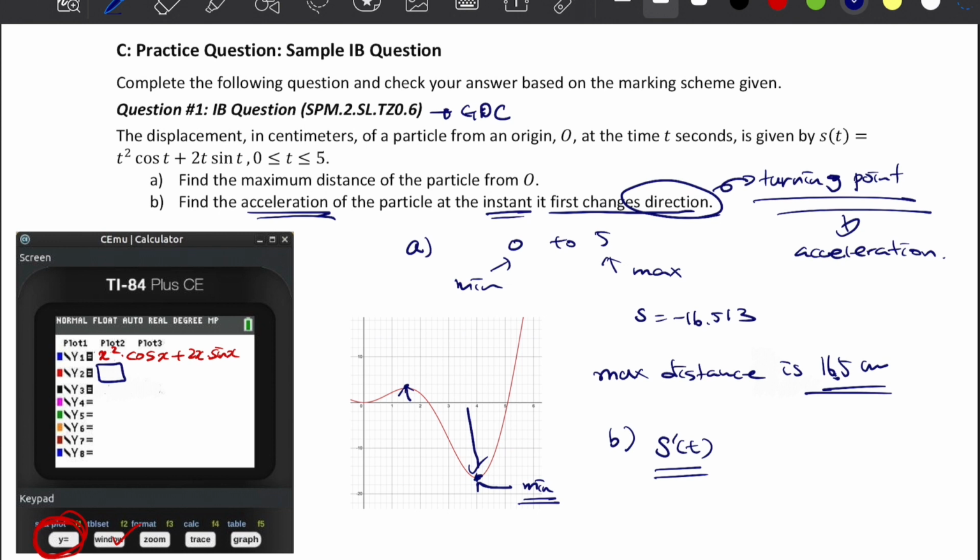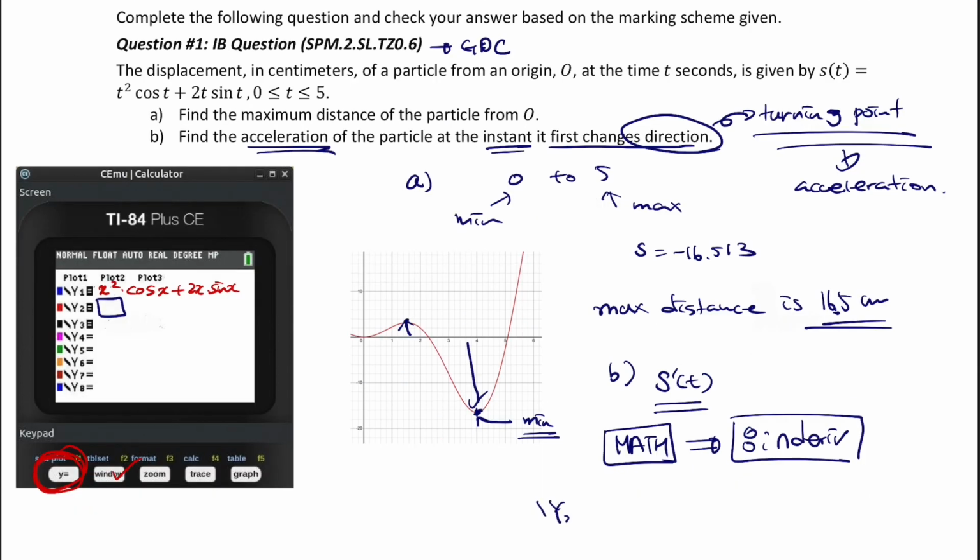Then click on the Math tab, go to 8, the Derive option. On your Y2, you will get a template: d over d square, bracket, square, close the bracket, bar, square equals square.